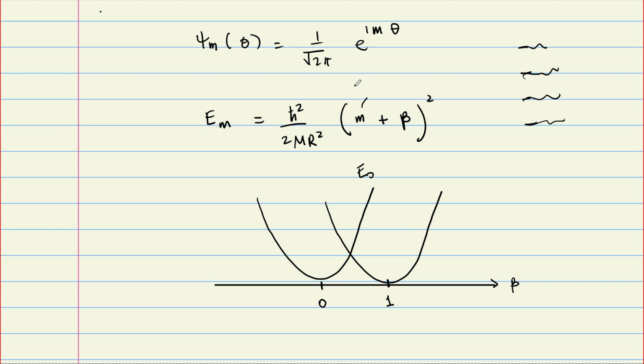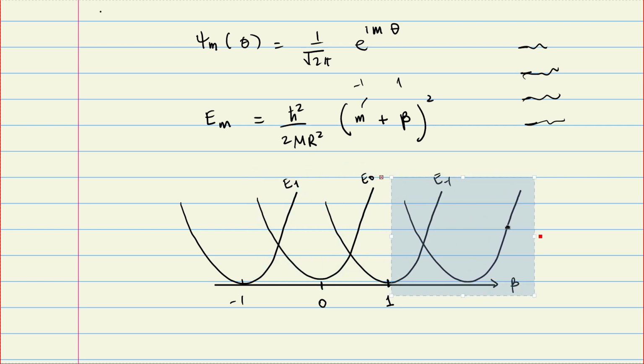So if m is minus 1 and beta is 1, it's again 0, and I need to shift it like that. So this is minus 1, right? This one is E0, I think this one is E1, this one is E minus 1, and so on.